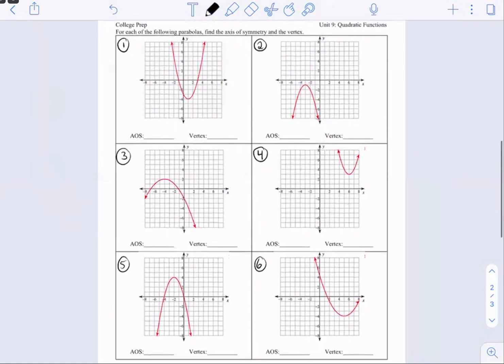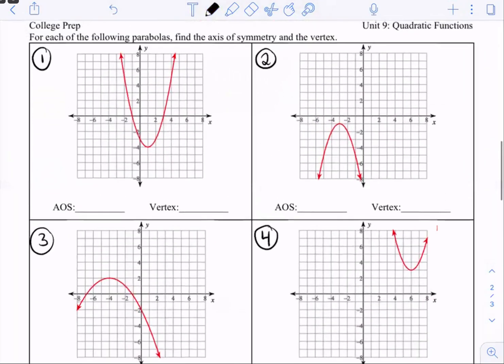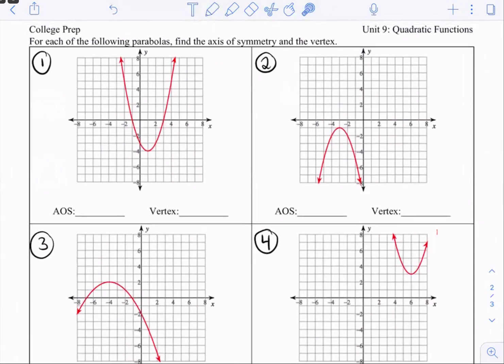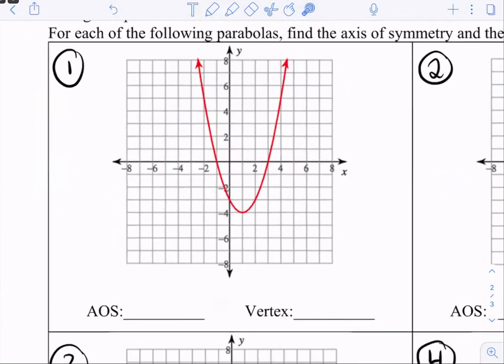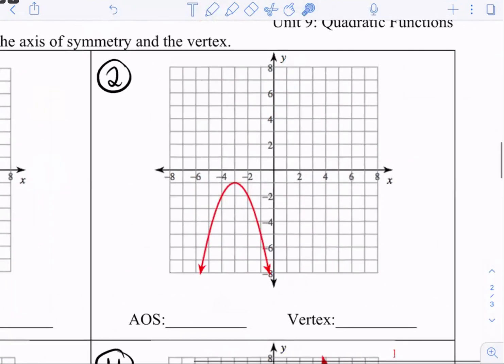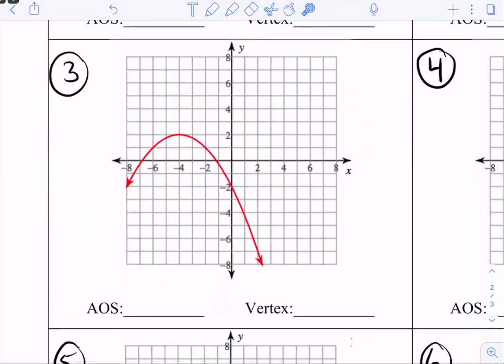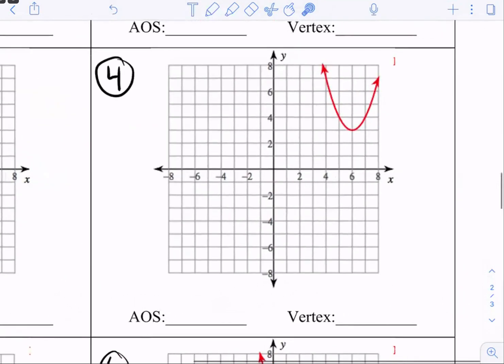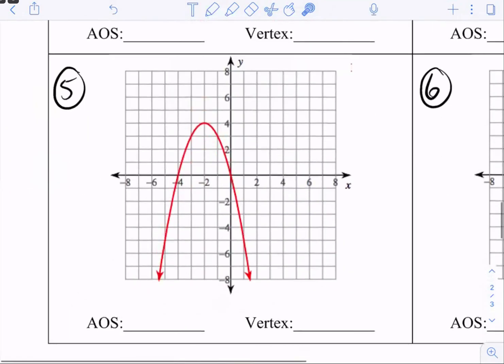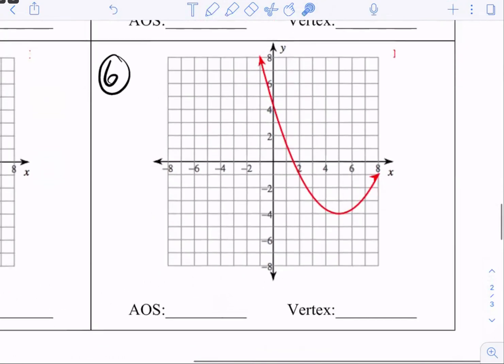In these 6 examples, I give you a graph, and it says here in the directions, with the following parabolas, find the axis of symmetry and the vertex. So look at each example, find the axis of symmetry and the vertex. I'm going to pause the video. You should pause it too. I'm going to try and complete the questions. When you come back, I'll have all the answers for you. Okay?